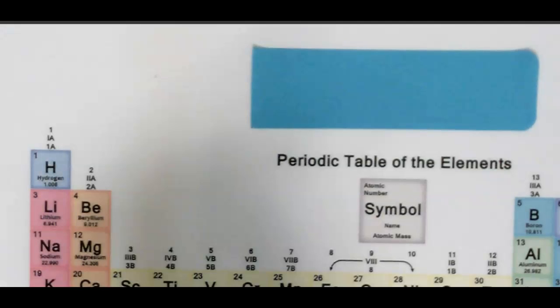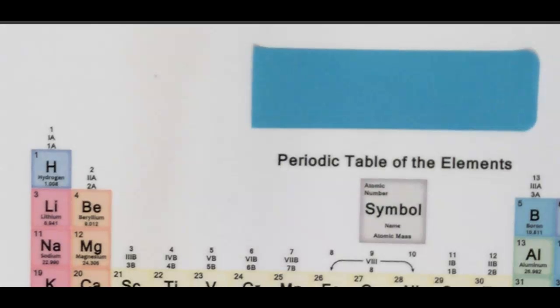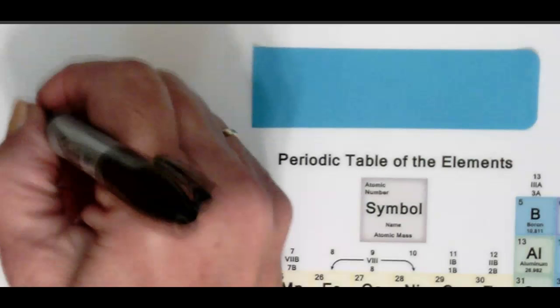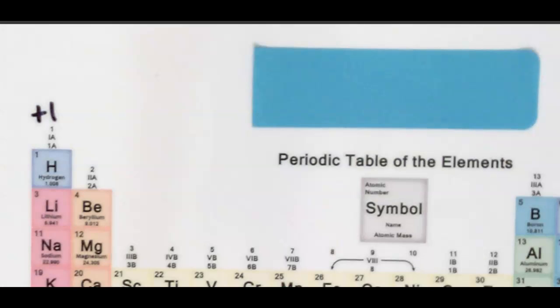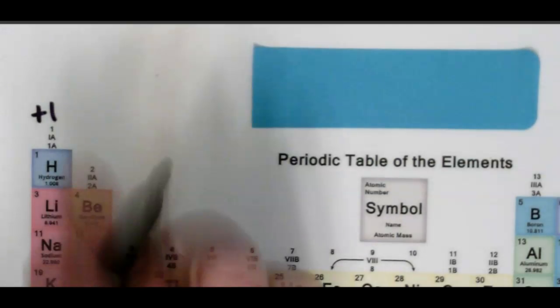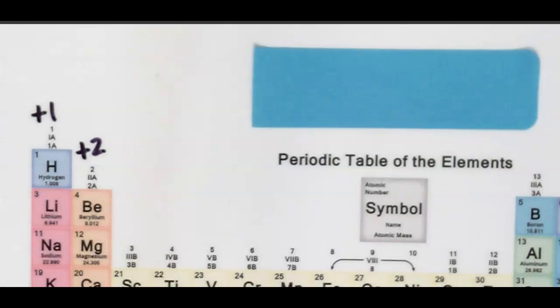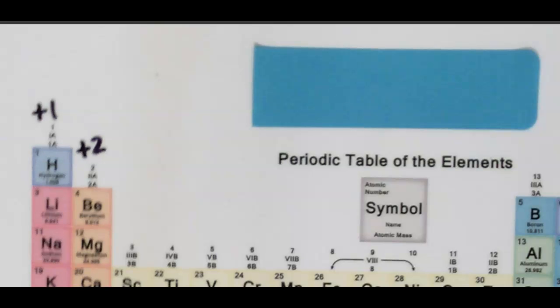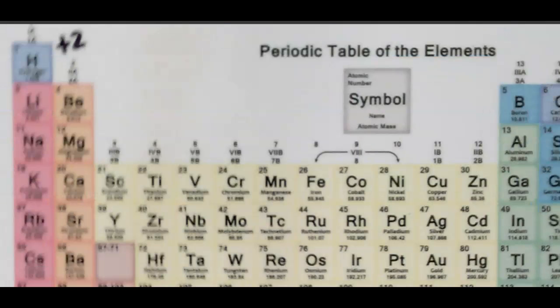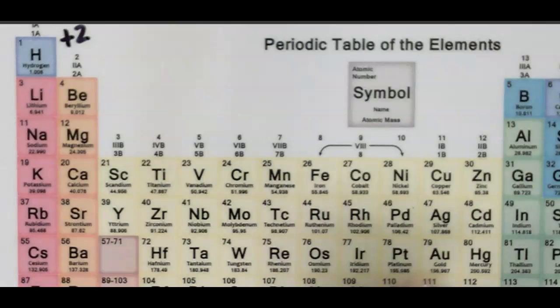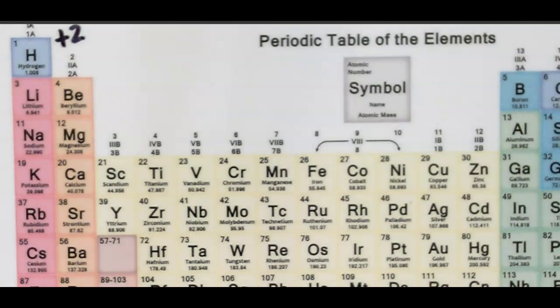So hopefully you remembered that if you are in group 1, that you have a positive 1 as your oxidation number. If you are in group 2, it's a positive 2. Now, we skipped the transitions because some of those could have multiples.